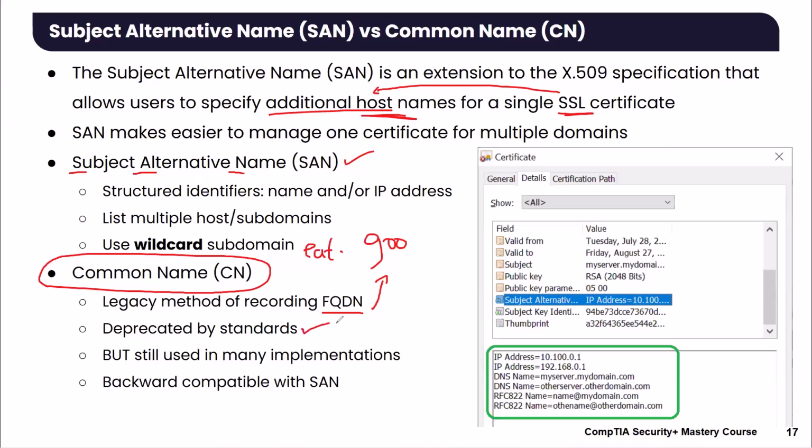So it's going away. It's old. It was used in the old days, but it is still in many implementations. And it's kind of backward compatible with the SAN. But again, going away.